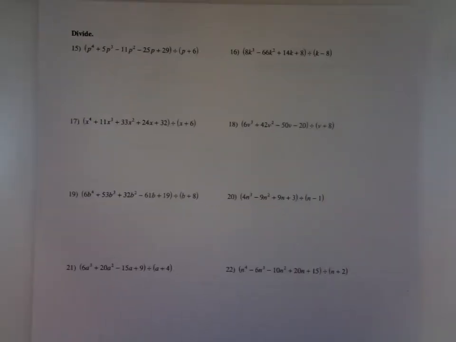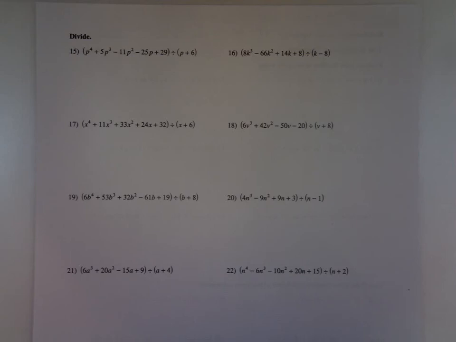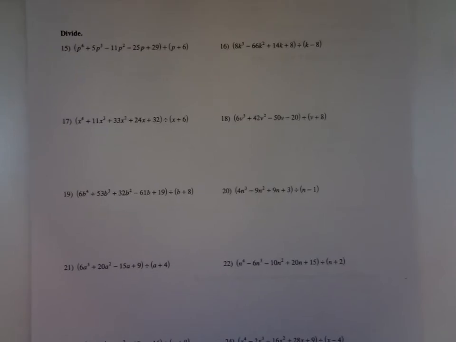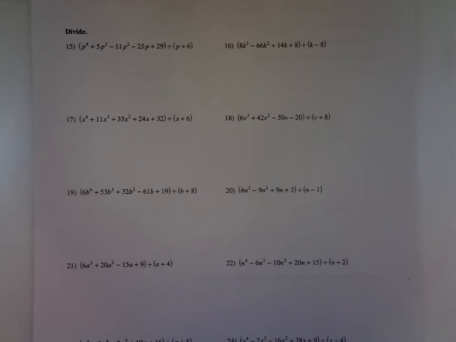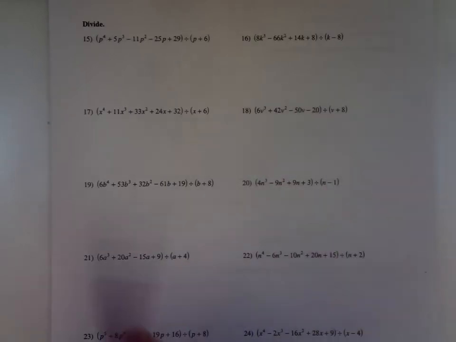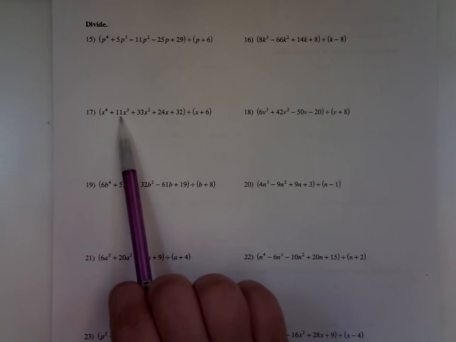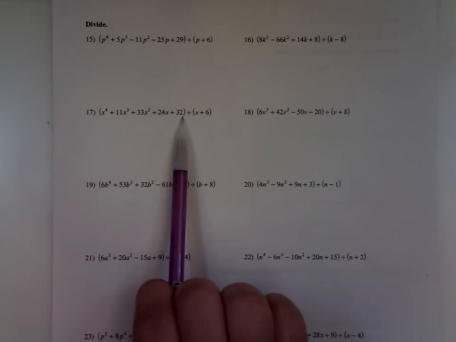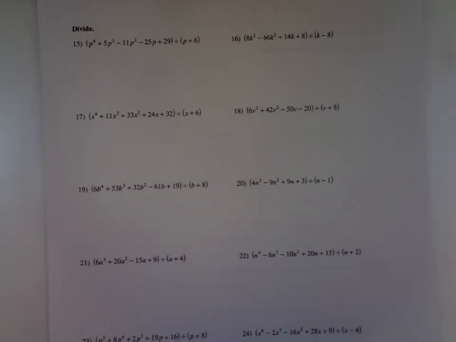Okay, next. Let's do a little bit of polynomial long division once more. One more time through, just remembering the steps. So again, it's really important to make sure that you've got a coefficient for every single power of your variable, and if you don't, you need to fill in placeholder zeros.